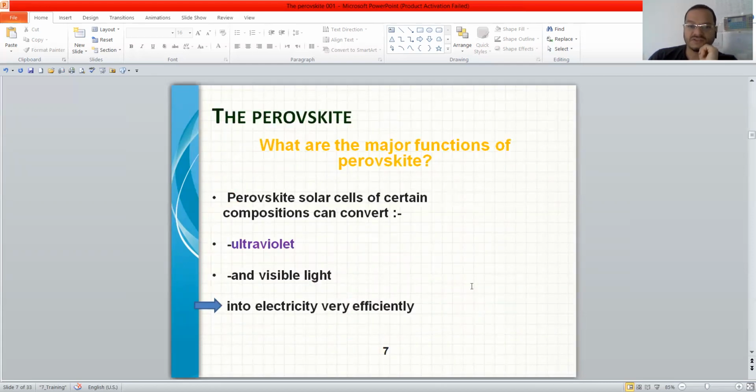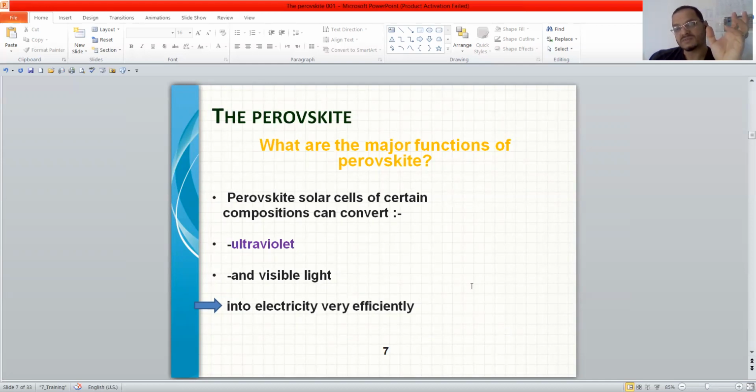What are the major functions of the perovskite? Perovskite here is very important. Here we will discuss the difference between the normal solar cell and the perovskite, and why the perovskite is better. Perovskite solar cells of certain compositions can convert a wide range of wavelengths, not just visible light but also ultraviolet and other wavelengths.